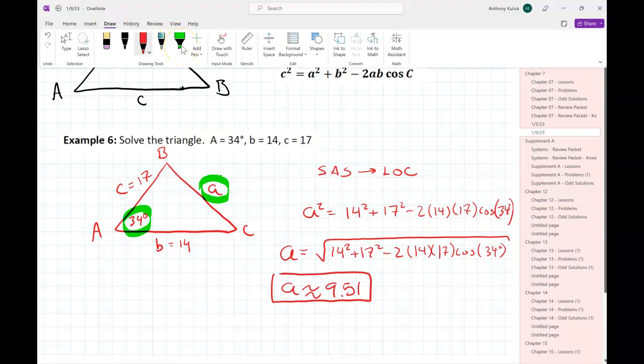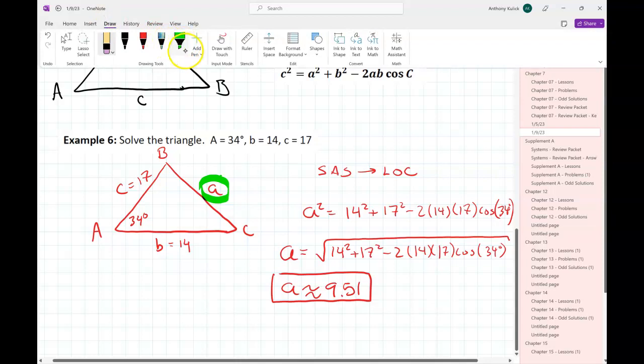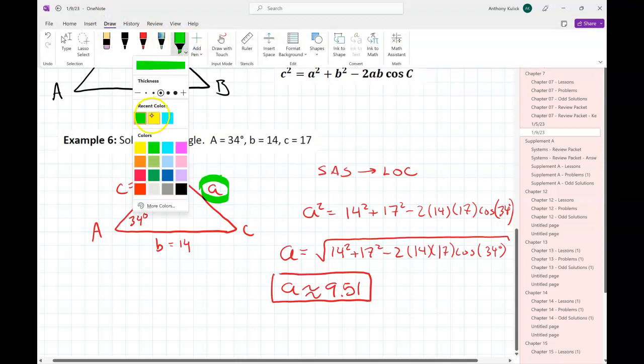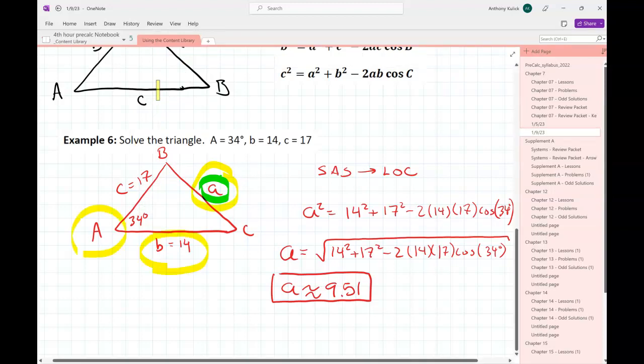Because once I've found a, if I find another angle, I might end up with an SSA situation.